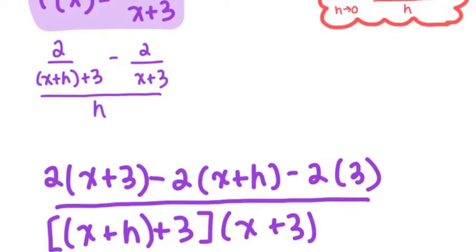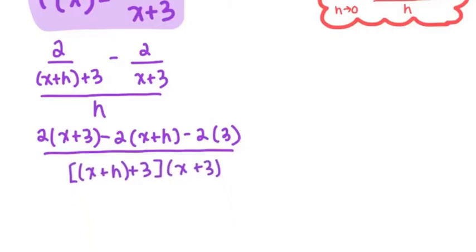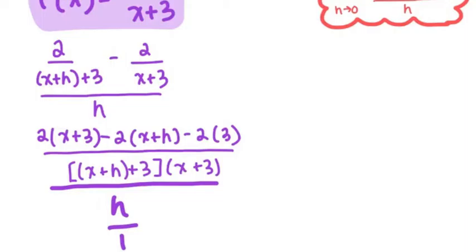As the formula keeps saying, we are going to divide everything by h. So everything will be divided by h, and to do the process that is commonly known as a tortilla, we are going to put the h over 1 so we can easily multiply.